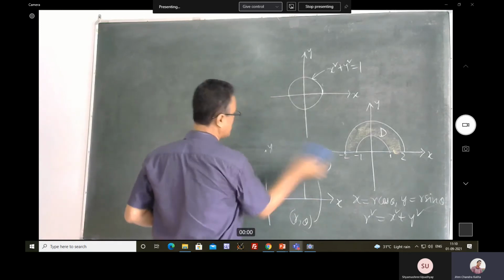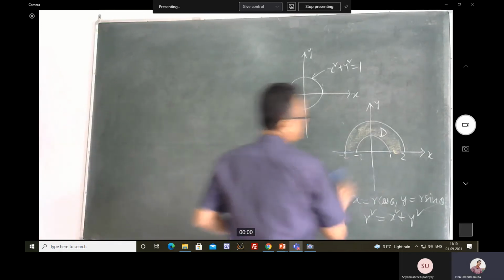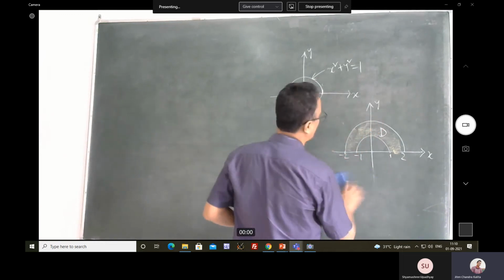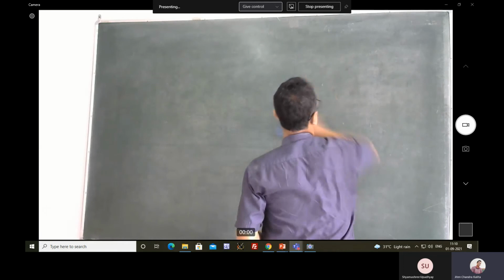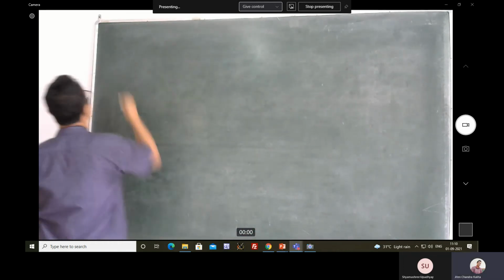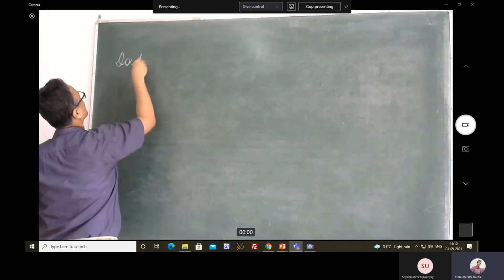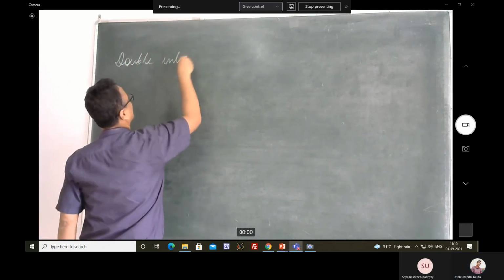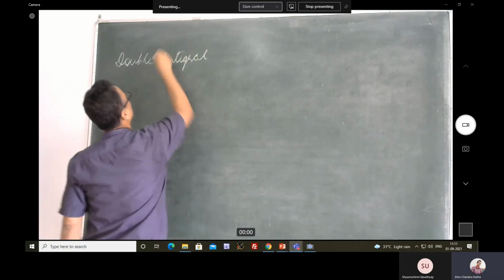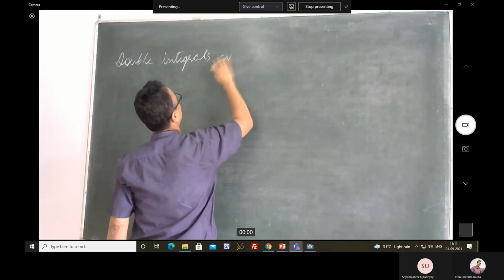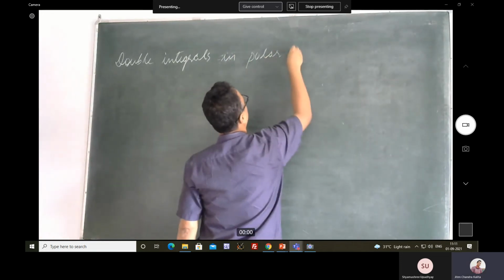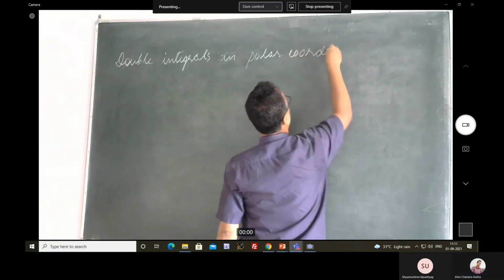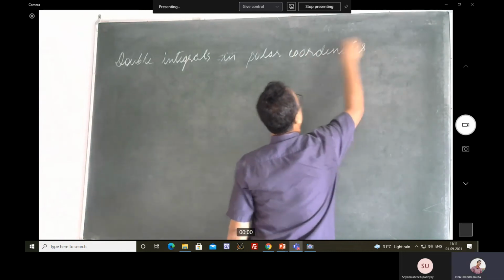So basically, polar region means regions that are expressible in terms of polar coordinates.